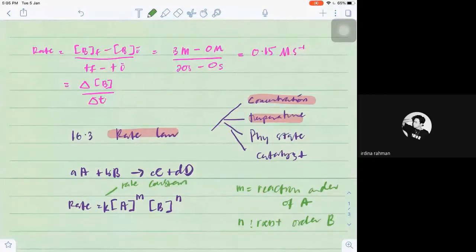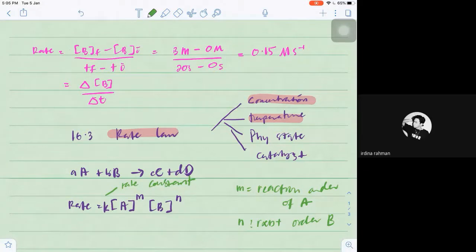So the value of the rate constant and the values of the orders, M and N, can only be determined by the experiment. But what is the meaning of the reaction order? Look at your textbook. Highlighted there, reaction order. So the reaction order defines how the rate is affected by the reactant's concentration.